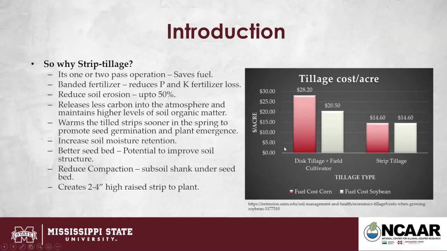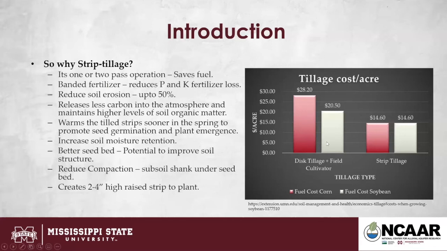In this graph, this is published research that has already been done. They compared disc tillage plus field cultivator to strip till in a corn soybean rotation, and estimated the tillage fuel cost per acre. The red bars show the fuel cost for corn, and the gray bars show the fuel cost for soybean.